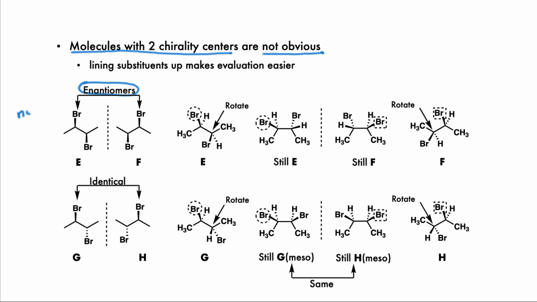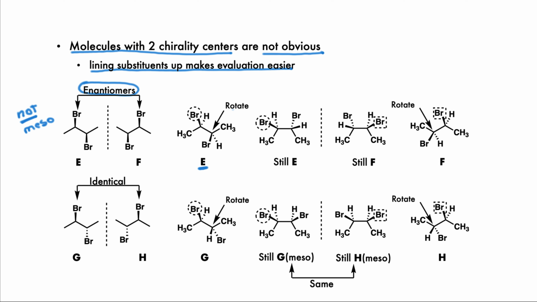These representations look like meso compounds at first glance because both bromines are pointing forward, but they are not meso. The true relationship is made clear if we convert the bond line drawings into Lewis structures and then compare. This allows us to line up the substituents, which makes evaluation easier.